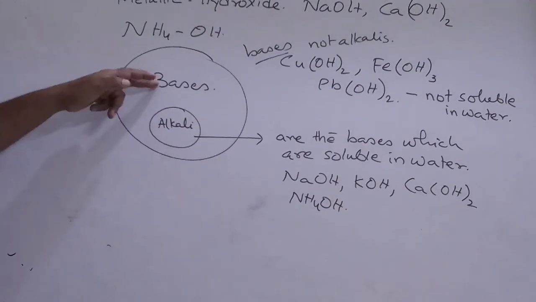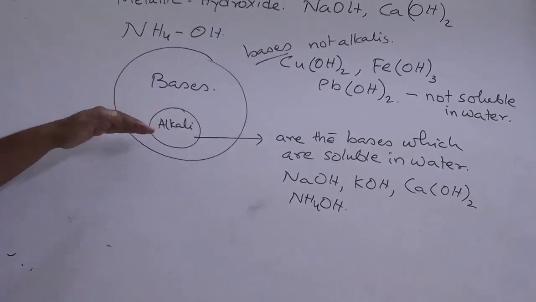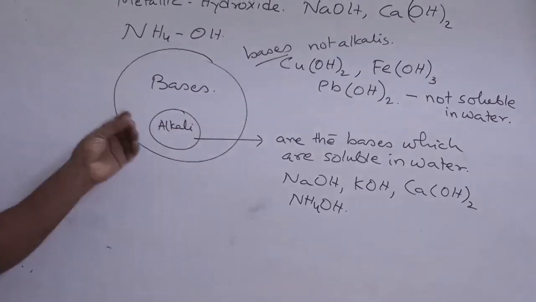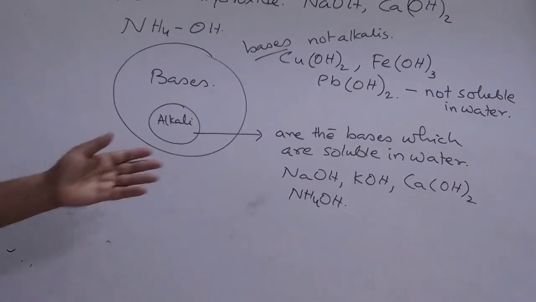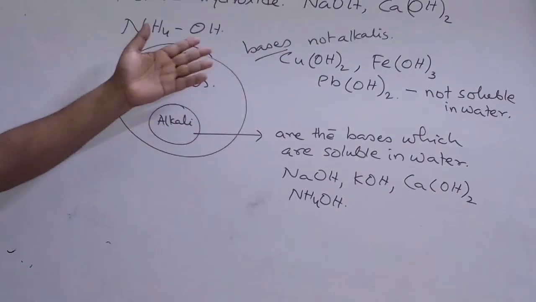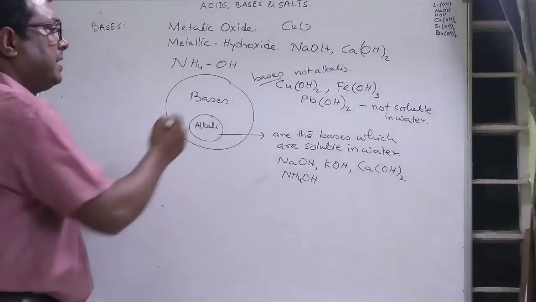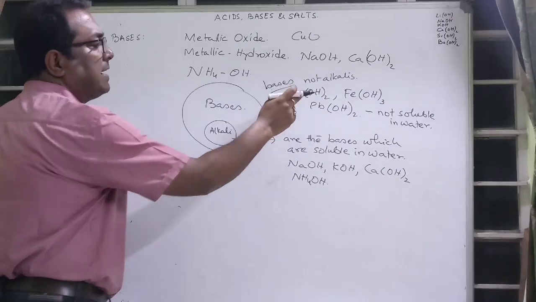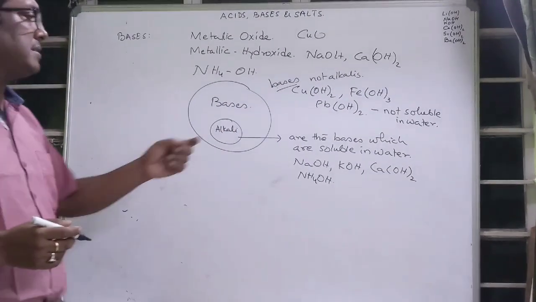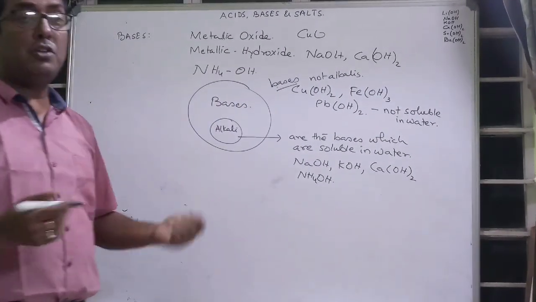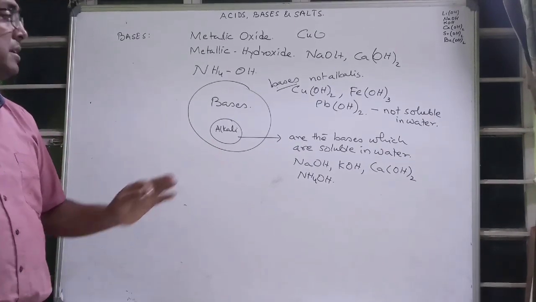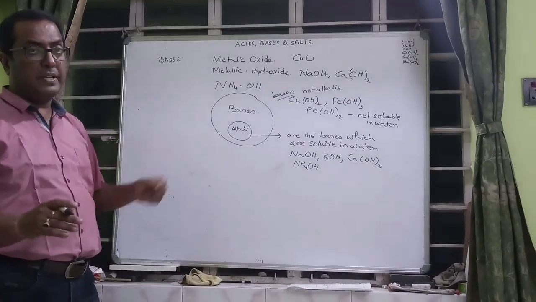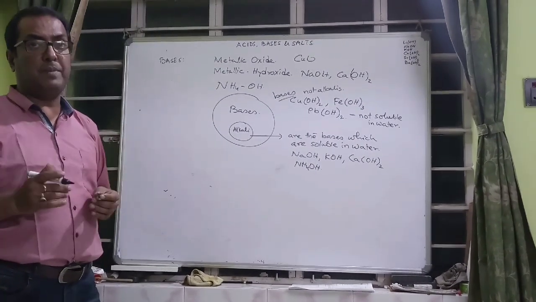So all alkalis are bases but all bases are not alkalis. Then you have to write this definition: alkalis are the bases which are soluble in water. An example is this. And some bases like copper hydroxide, iron hydroxide, lead hydroxide are not soluble in water and are not alkalis. This is all you have to keep in your mind.